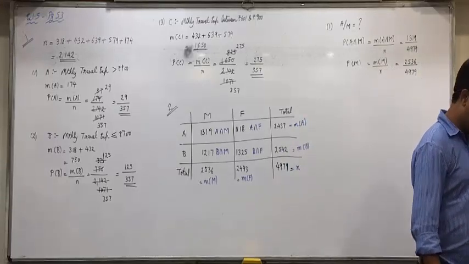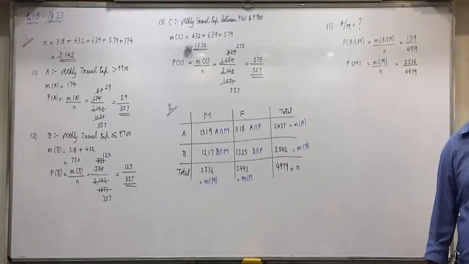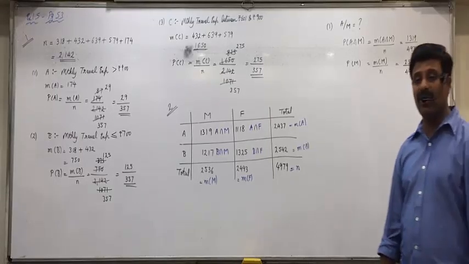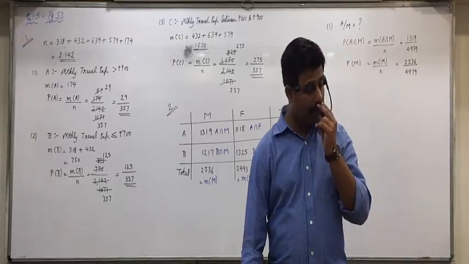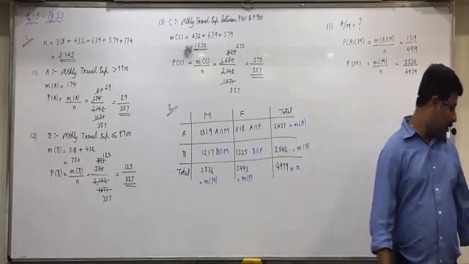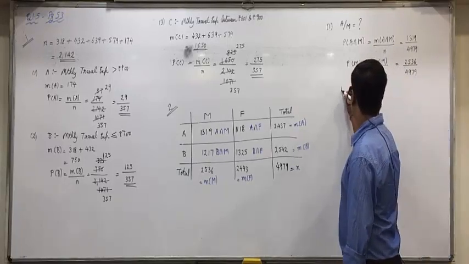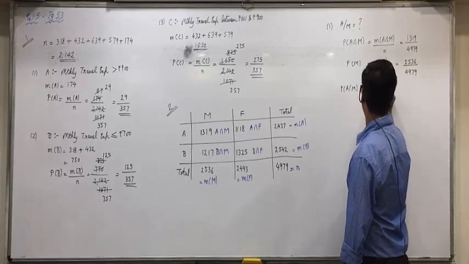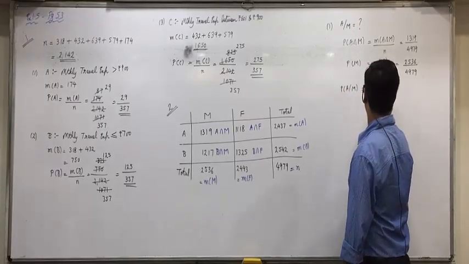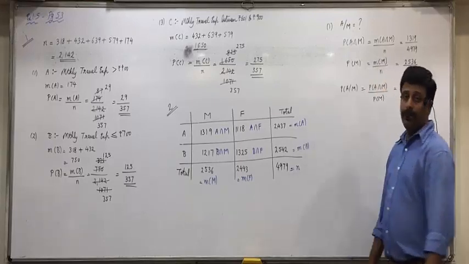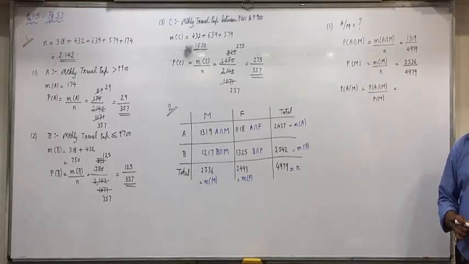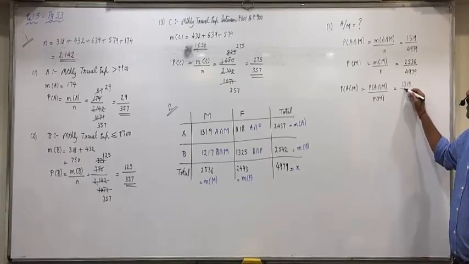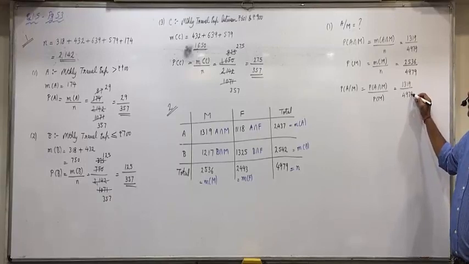Thus the probability that voter is supporter of party A, comma, if he is male, that is P of A slash M, is equal to P of A intersection M upon P of M. What is P of A intersection M? 1319 upon 4979.